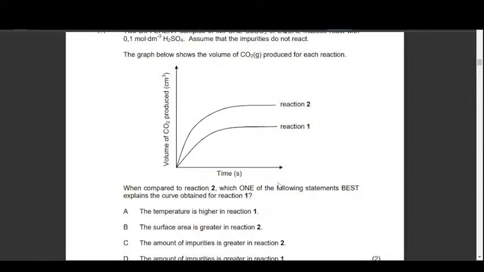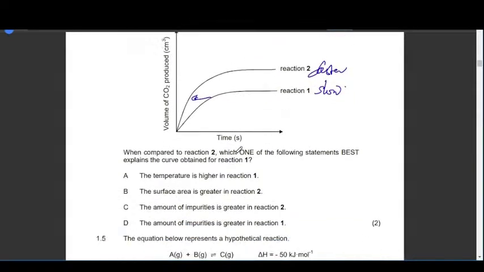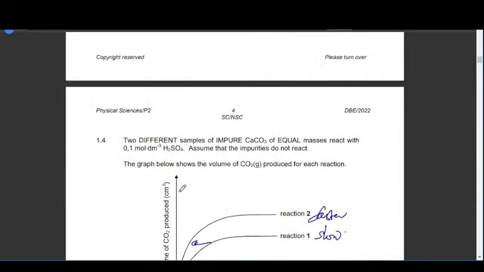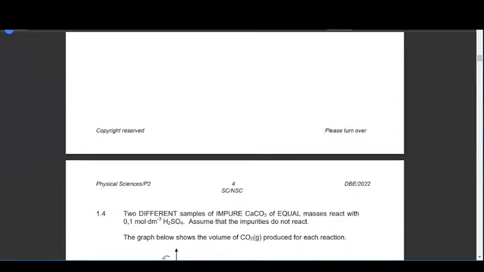Before we go that far, you'll see that reaction 2 is faster than reaction 1. This one is slow. This one is fast. Why? Because it's more to the left. The more it shifts to the left, the faster the reaction is going to be. So you'll find out that, what are they saying here in the question?